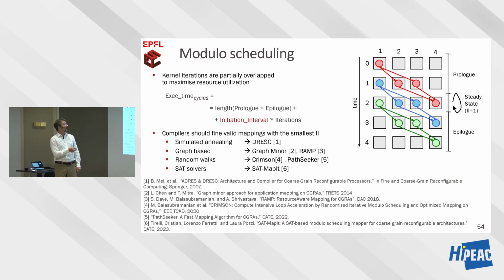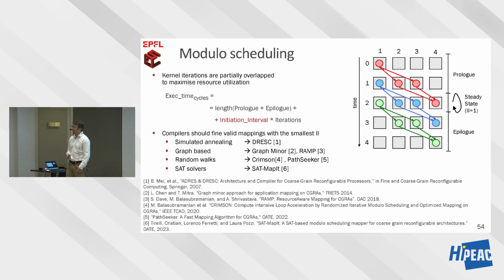In this example, the steady state is only 1 clock cycle, but it can actually be multiple clock cycles depending on the amount of resources which we have and the data dependencies which cross the iteration boundary in the data flow graph. In this steady state, I'm executing on 2 different processing elements different iterations of my loop. In this case, this node is from the green iteration, blue iteration, and red iteration.